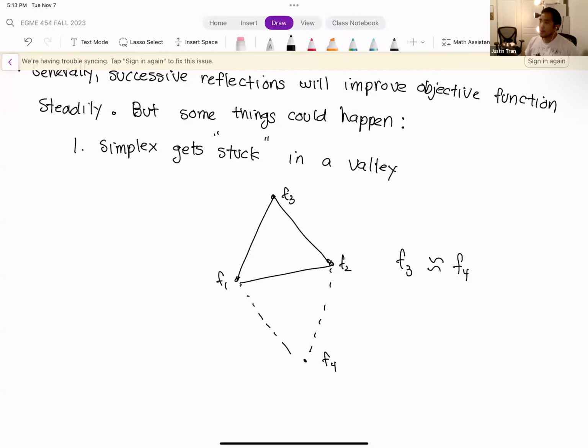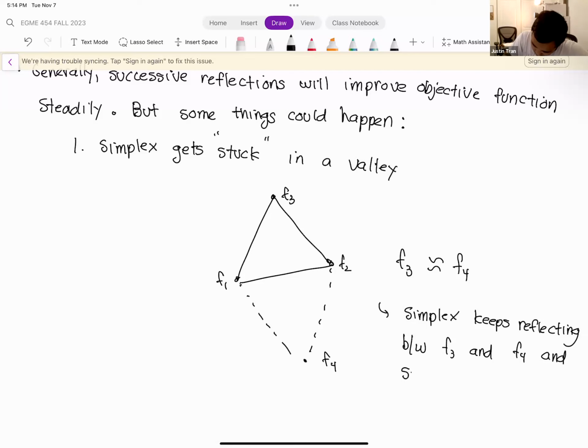But if F3 is the same as F4, then you just keep reflecting back and forth, and the simplex gets stuck.